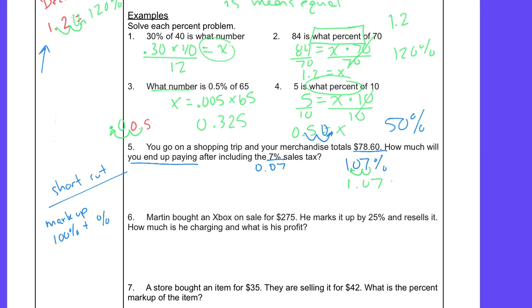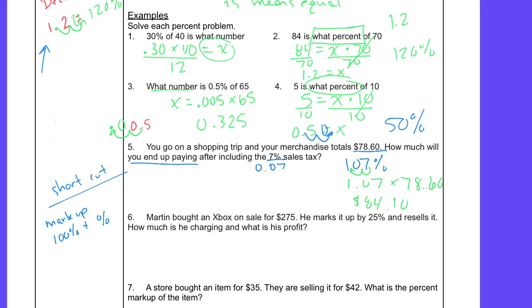And then if we multiply that by our total of 78.60, we get $84.10. If you had done it separately, 78.6 times 7%, and then added that into the 78.6, you'll get that same answer. This just gets us there a little bit faster.